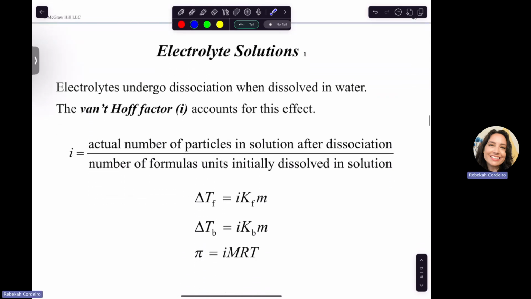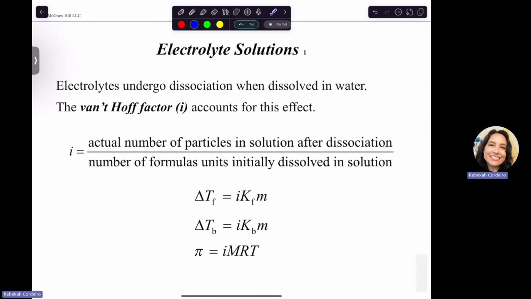So one thing about solutions, and specifically electrolyte solutions: electrolytes are substances that conduct electricity, solutions that conduct electricity. And they undergo dissociation when dissolved in water. Dissociation means breaks into ions.